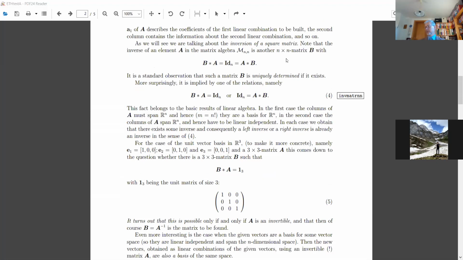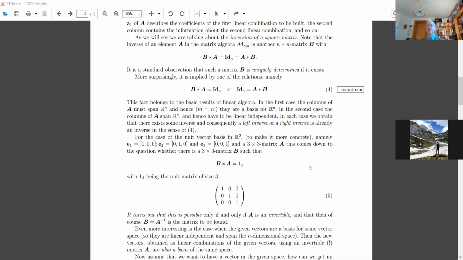So take a look at the definition of invertibility in the first formula here. It says that you have, and I will use 3 by 3 for the illustration, another 3 by 3 matrix B, which multiplied to the left and to the right gives you the identity matrix. So you have further down the identity matrix, which is I of 3 in this case, in MATLAB.